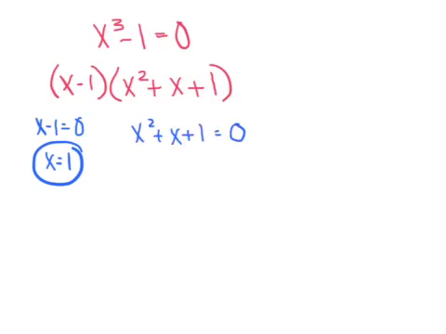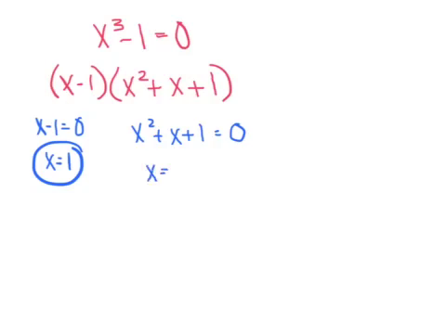And that one's not as easy to solve. Because our factors of 1 are only 1 and 1, so the only thing we could add them together is to get 2. And our middle term there is not 2, it's 1. So we cannot factor this quadratic. What do we need to do if you can't factor the quadratic? Haley? Quadratic formula. Yes. So we have to use the quadratic formula here.